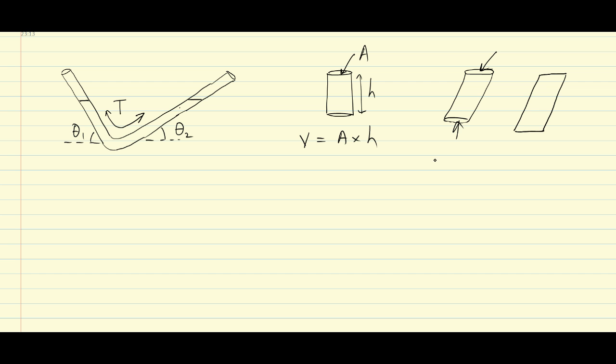Now I want to develop a formula to find the volume of this particular inclined cylinder, and the way to do that is to imagine that, what I'll do first is I'll draw a disc.